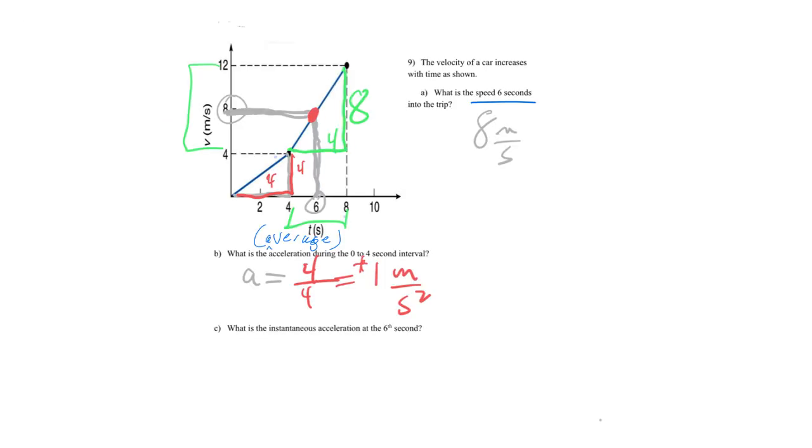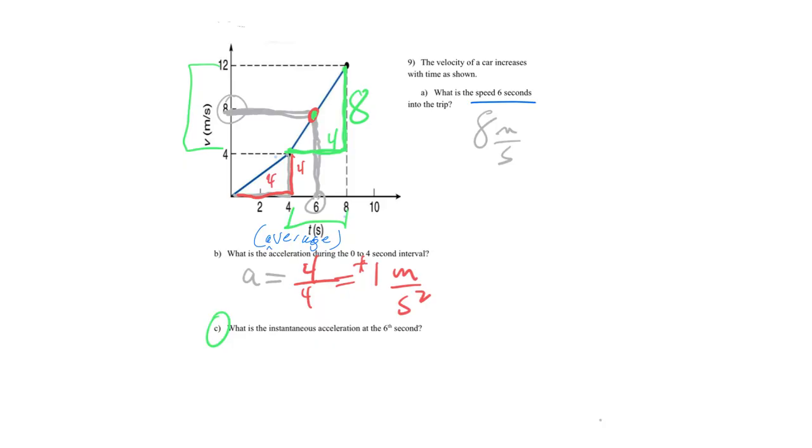Okay, so let's look at letter C here. Where's instantaneous acceleration at the 6-second mark? Okay, so I can't just go y over x, 8 over 6. It's not 8 over 6, right? You gotta find the slope of that line segment that that point's part of.